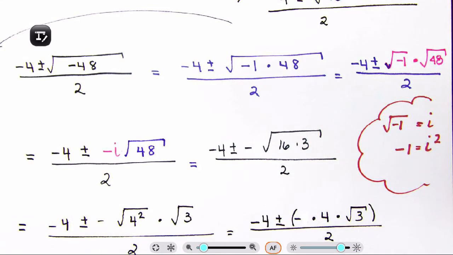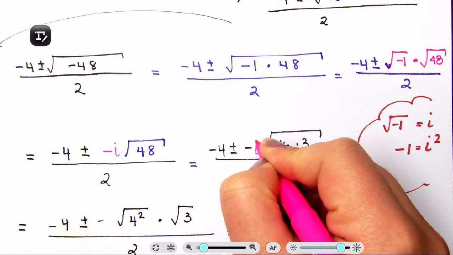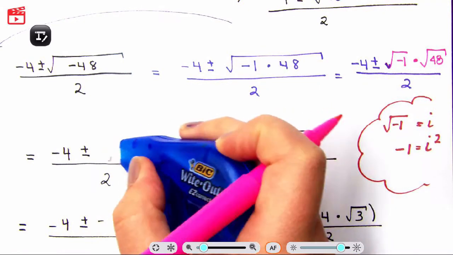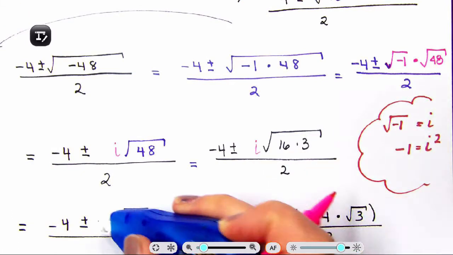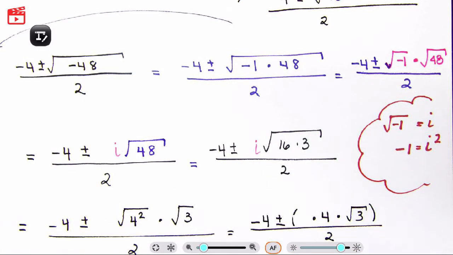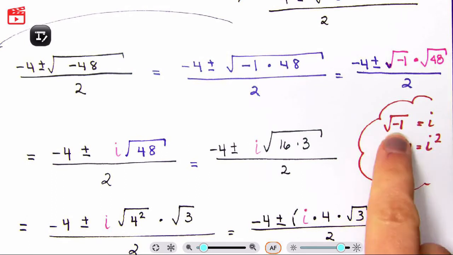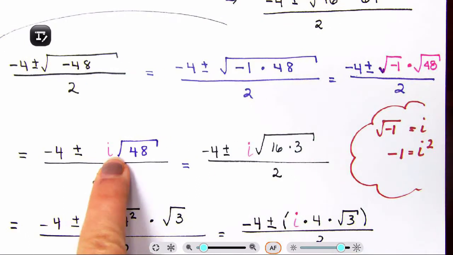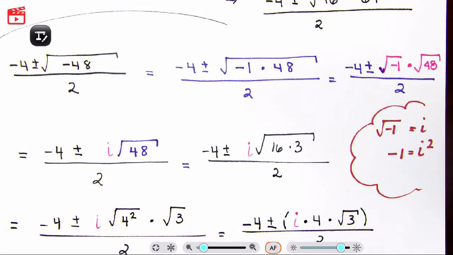So that's i, and that's not a negative i. That's just i, a simple i. A square rooted negative 1 is equal to i. So when I have the square root of negative 1, that should simplify to just i. Sorry about that.